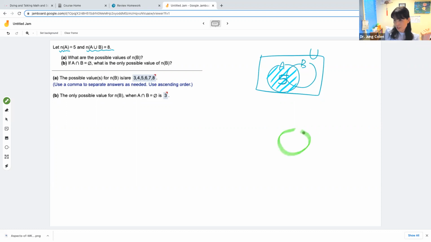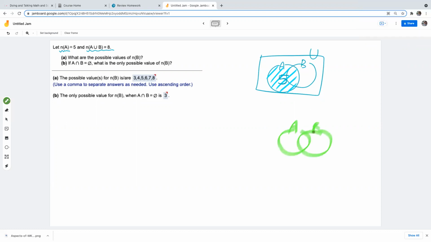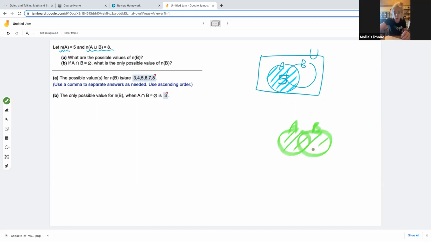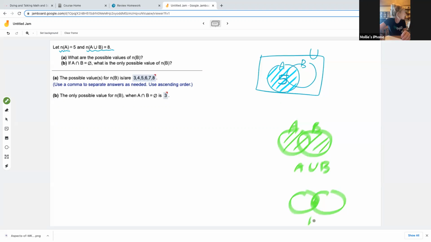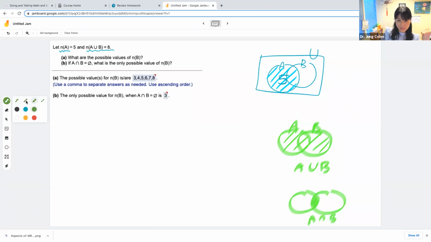So A union B, let me rewrite that. If A is here and B is there, then this is A union B. And if we have this part only, that's the intersection of A and B. Okay? If we know that, everything gets easier because it says the number of elements in A union B is 8.